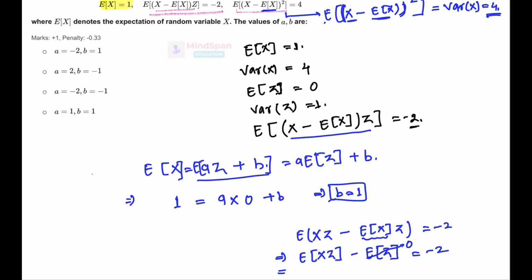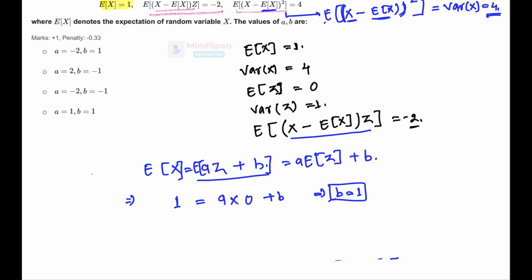And now we have here the expectation of X times Z. Okay, so we have also been given the relation, right? So we can proceed like this.